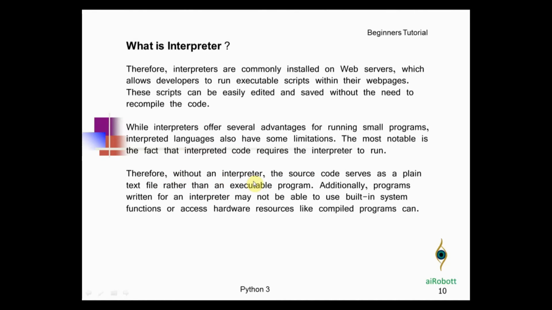Therefore, without an interpreter, the source code serves as a plain text file. Programs written for an interpreter may not be able to use built-in system functions or access hardware resources like compiled programs can. Therefore, most software applications are compiled rather than interpreted.